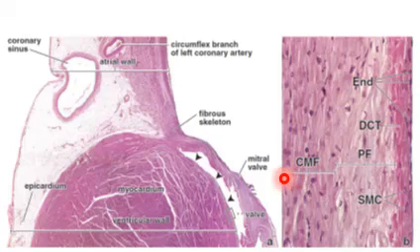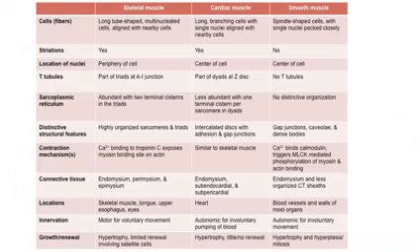From here up to the end of this slide, we have the cardiac muscle fibers or the myocardium, and I would like to explain the differences between skeletal muscle, cardiac muscle, and smooth muscle.